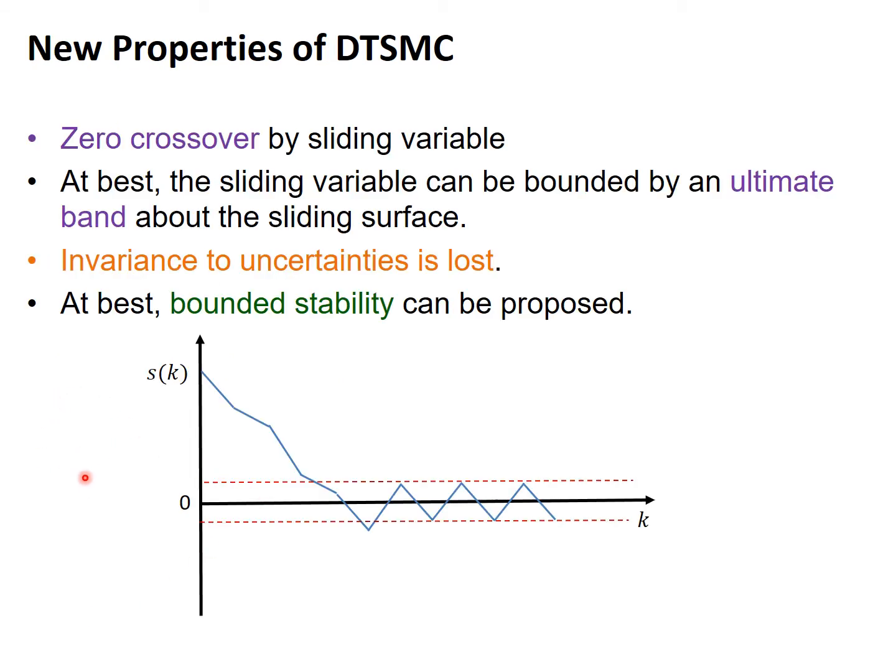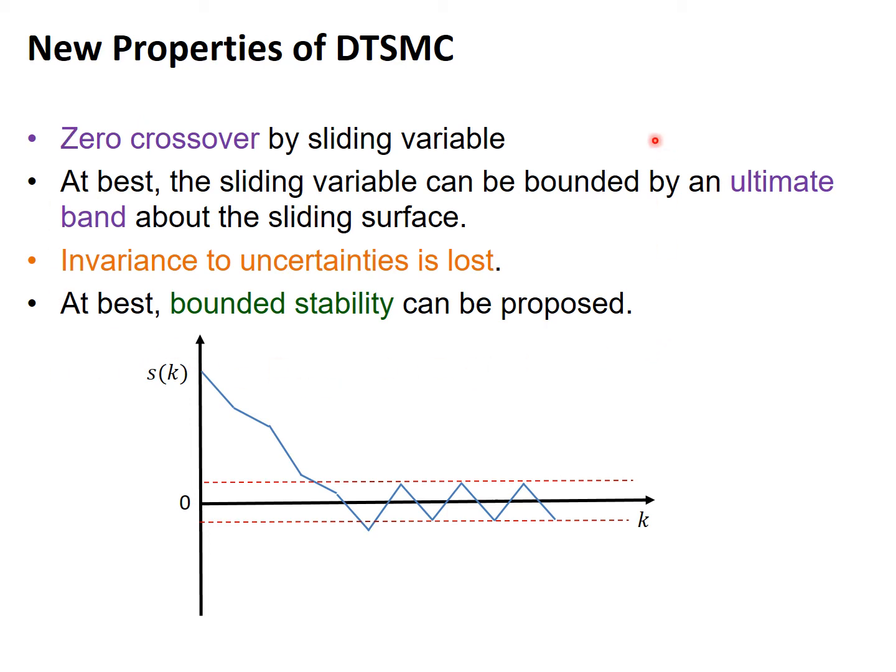Okay, so just before going to that measurement of how close we are going to the 0, this is one slide which aggregates all the new properties which we are seeing in discrete time sliding mode control.